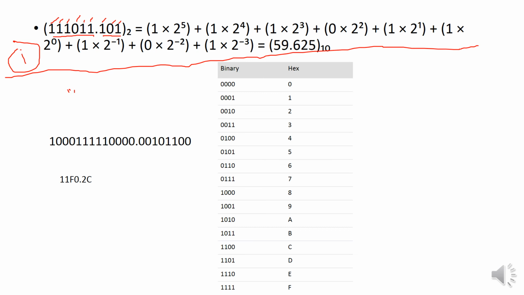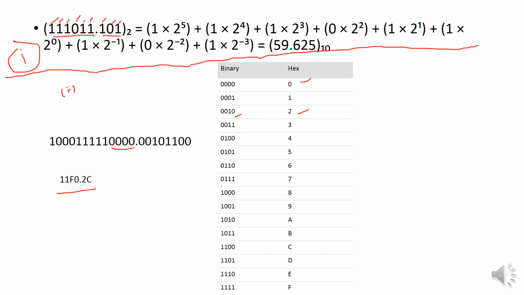Here also we have taken 4 numbers. Actually what we have done, we have written binary and converted it into hexa, so 0 1, then binary 10 becomes 2 in hexa, 11 becomes 3, 100 becomes 4, and so on.